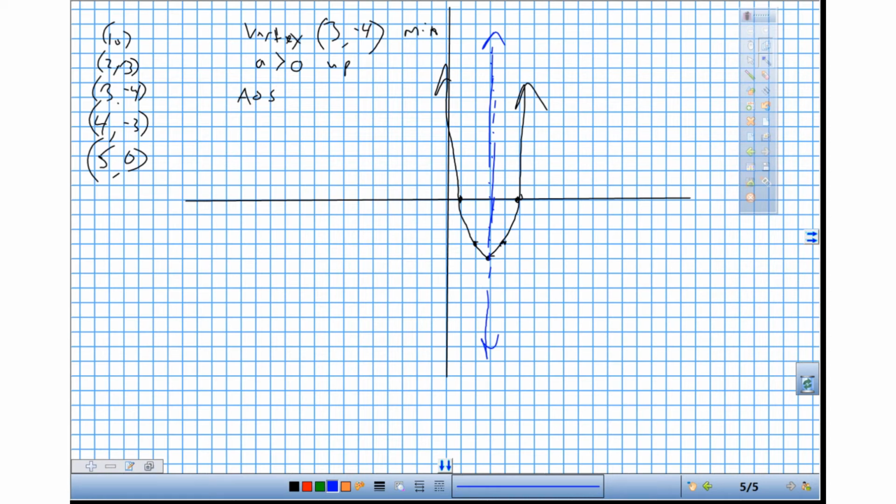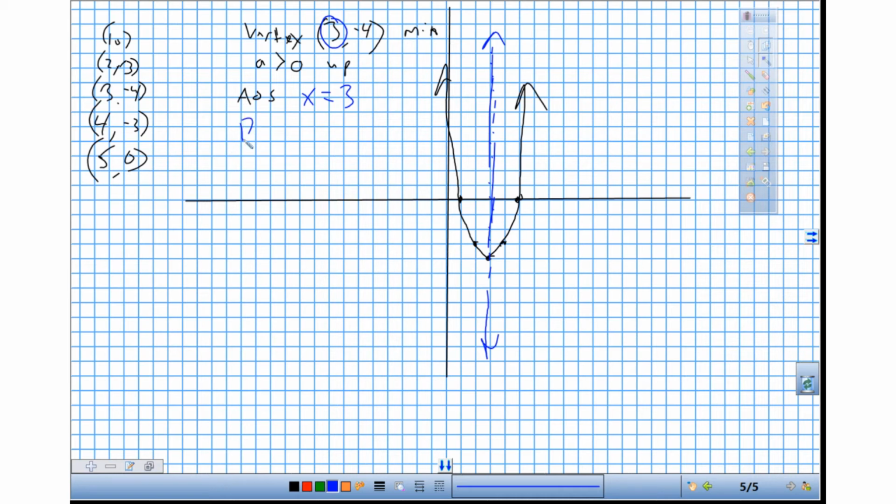Really, all that is, is the x value of your vertex. And the equation of that is always x equals whatever your x value is. You have to put x equals because we're talking about the equation itself, that line that's coming down through there. That's how you identify the equation of a vertical line. It's x equals 3. So that's always going to be that way. If my vertex was 2 something, then my axis of symmetry would be x equals 2. All right, so we can continue.